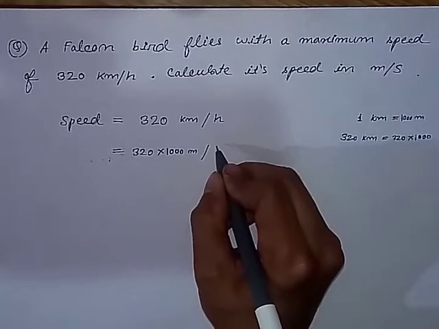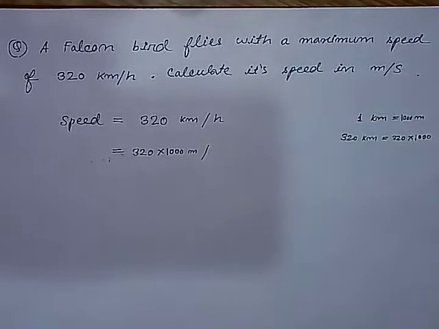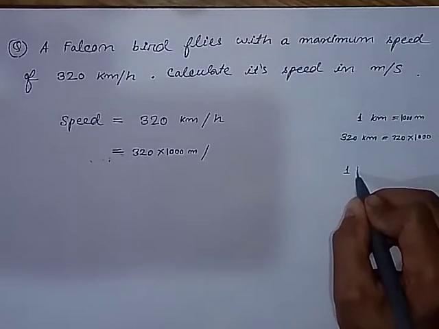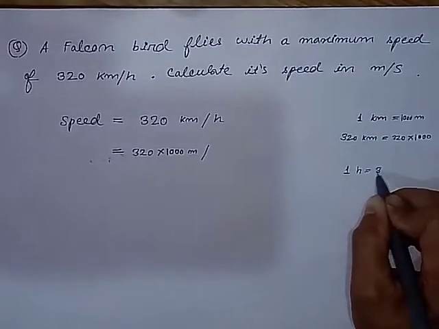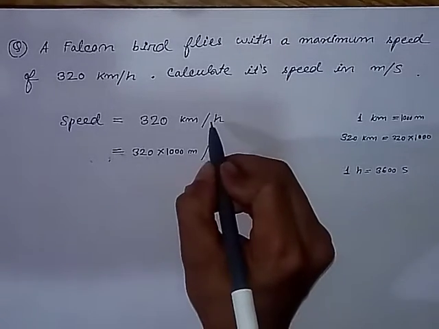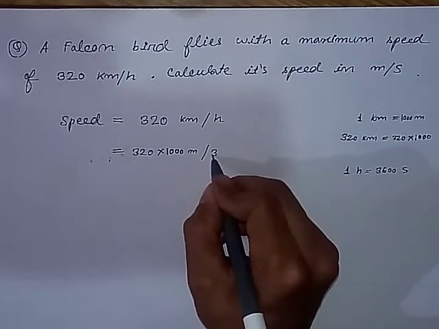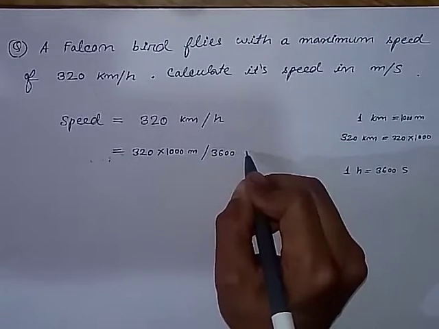per 1 hour. Now 1 hour is equal to 3600 seconds. So we will write 1 hour equal to 3600 second.